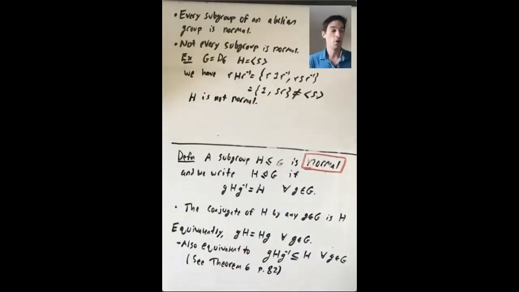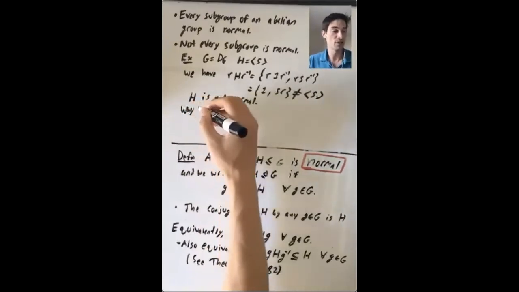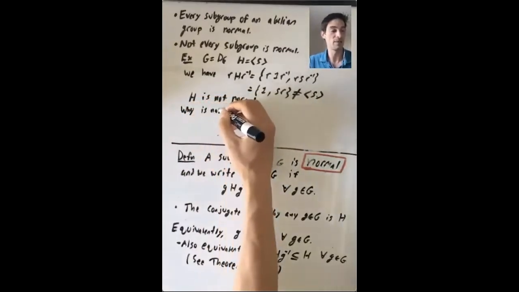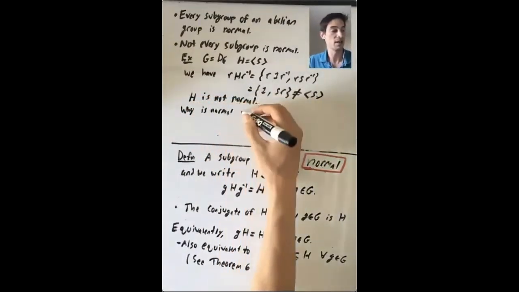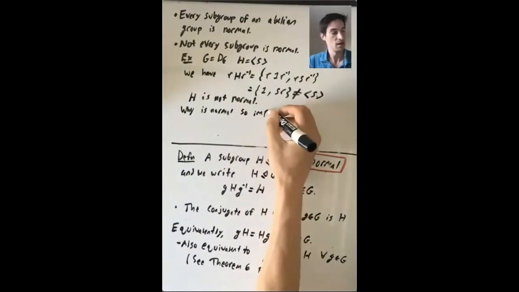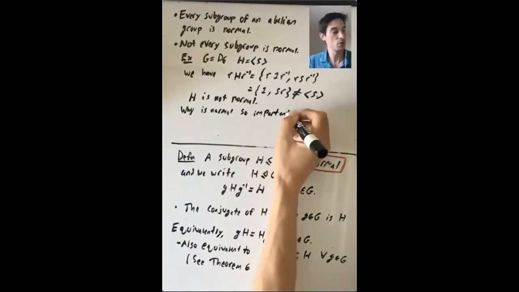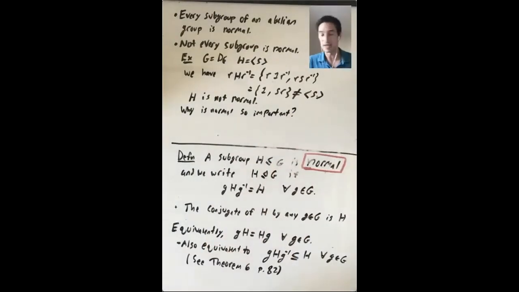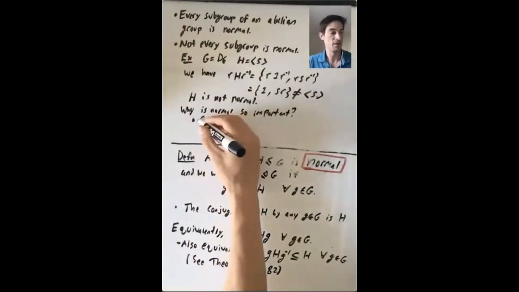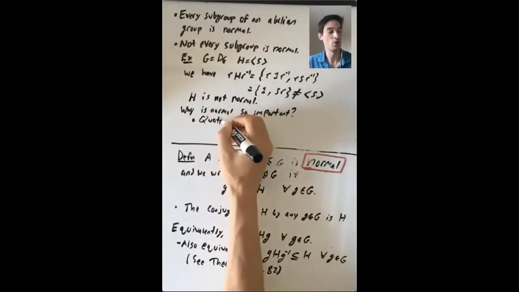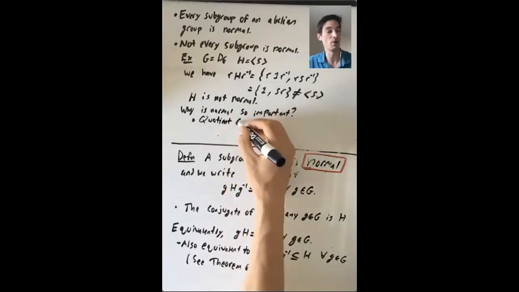Okay, so why is normal so important? Why is this something that I'm emphasizing here? In the short term, the biggest reason is because of the study of quotient groups. Normal subgroups are going to play a really big role.